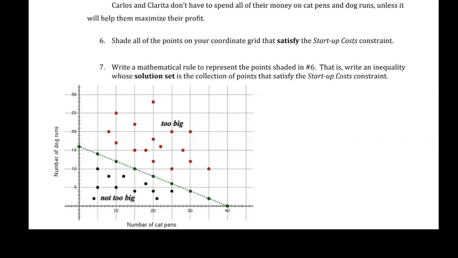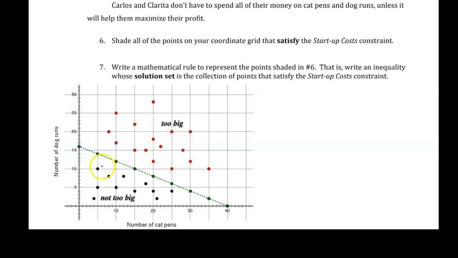So they don't want to spend all of the money unless it's going to maximize their profit. Number 6 is asking us to shade in all of the points that satisfy the startup cost constraint, which means all of the points that would meet that constraint. And we know that it would not be the red points because we've already determined that that would cost too much money.